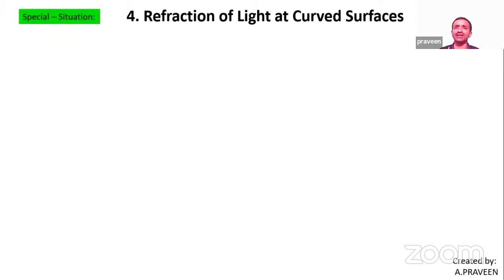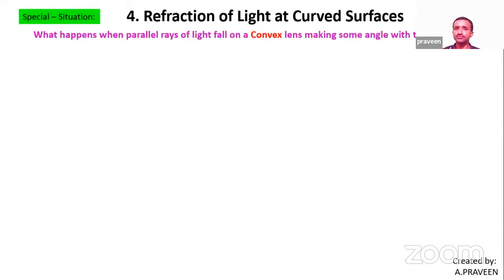This is very, very interesting actually, and the majority of students are confused in this topic. So what is the special situation? It is simply a parallel beam of light rays, but making an angle with the principal axis. What happens when parallel light rays fall on a convex lens?